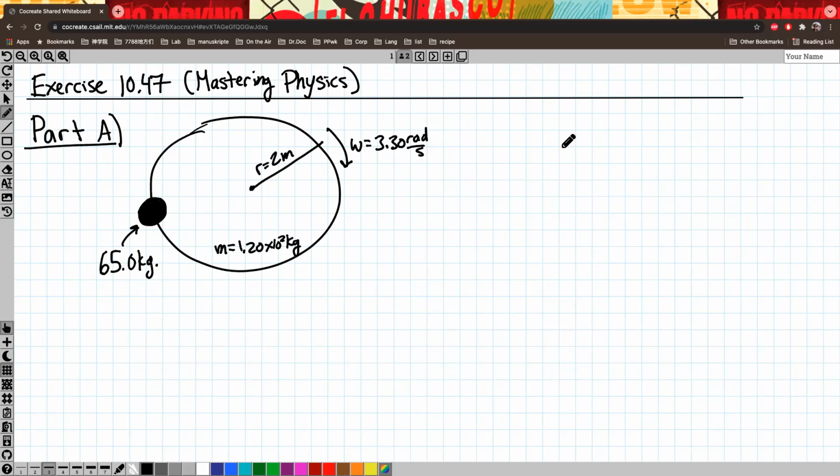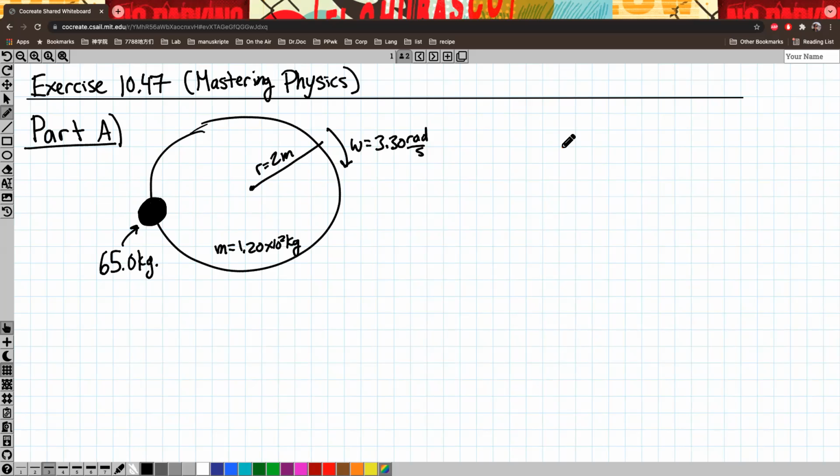And when that happens, I guess that means their angular speed increases because they're rotating faster.